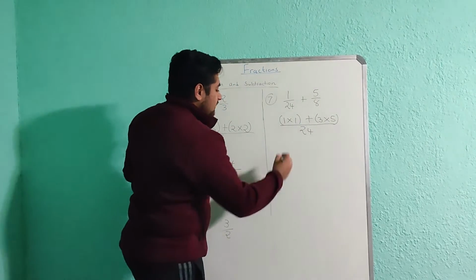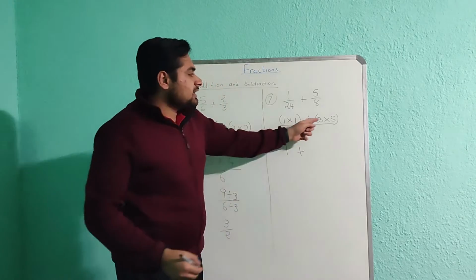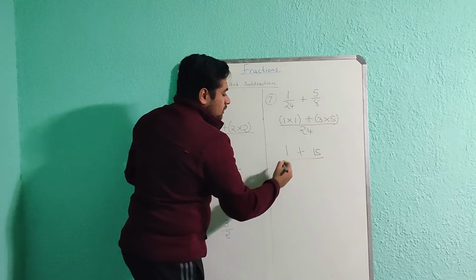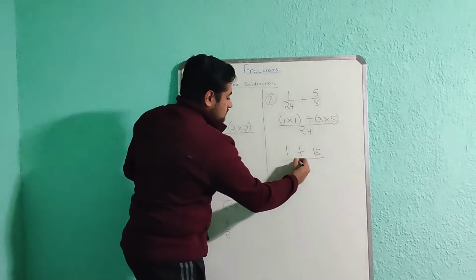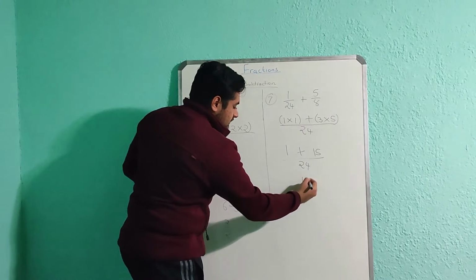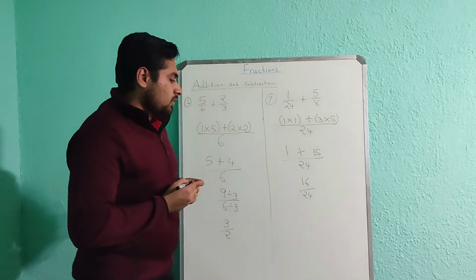So let's multiply the numerators. 1 times 1 is 1, plus 3 times 5 is 15, all over 24. Now what is 1 plus 15? That's 16 all over 24.